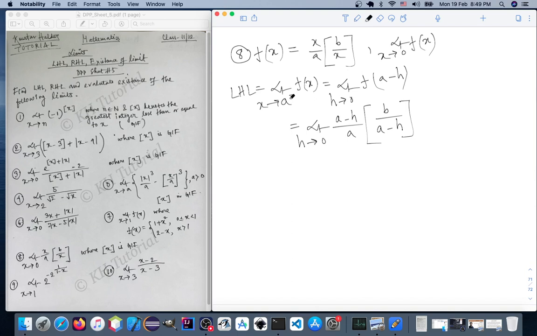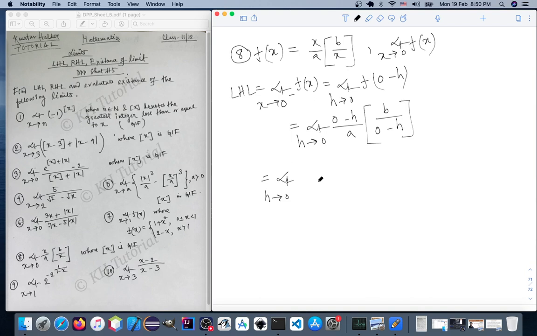So this becomes limit h tends to 0, 0 minus h by a, box b by minus h.